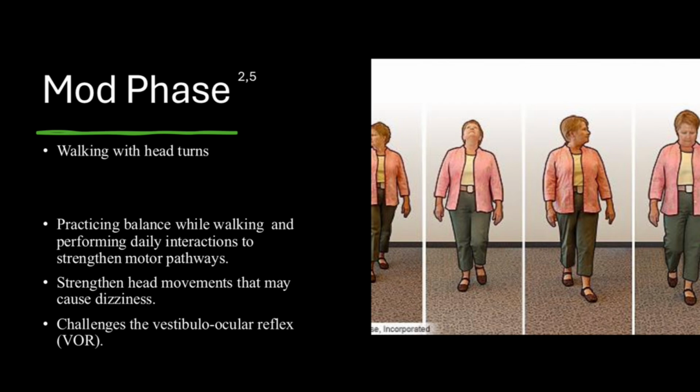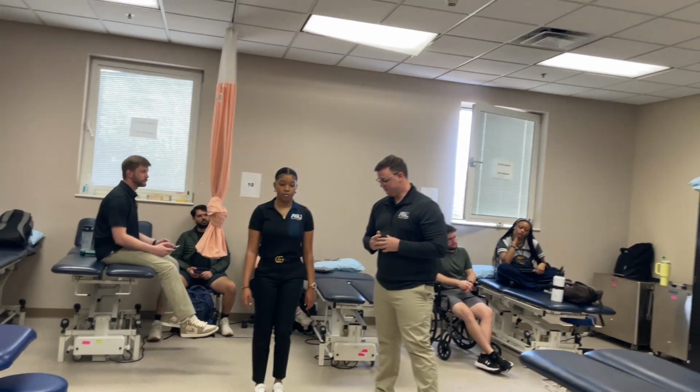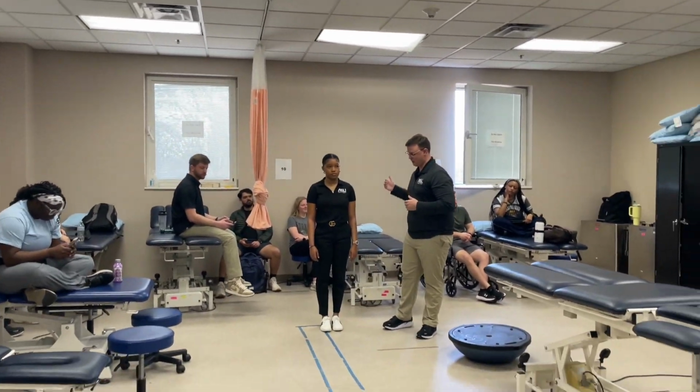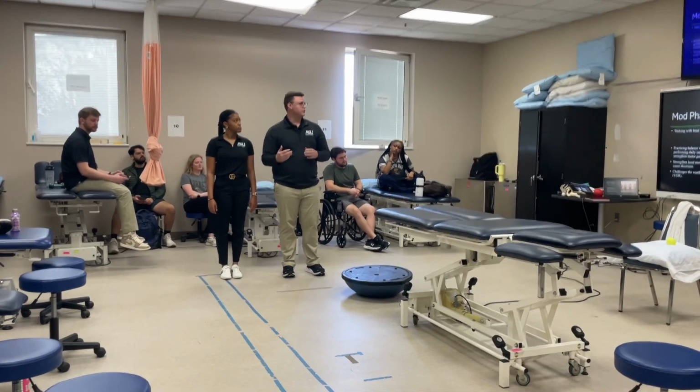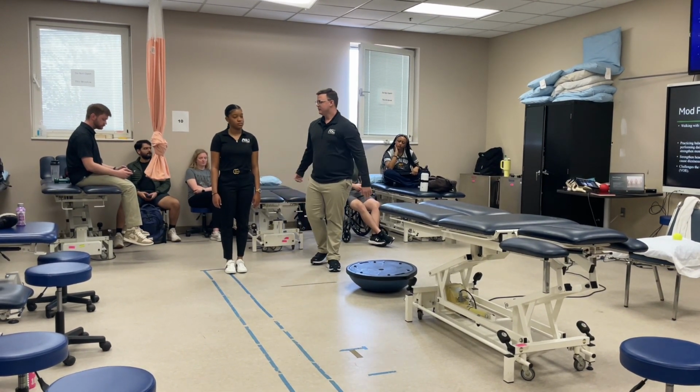So this would strengthen the head movements that may cause the dizziness that the patients have. And it also challenges the vestibulo-ocular reflex. So performing this, I would have my patient on the same line again, and I would instruct her, when you walk, look to the left, go back center, look up, center, and then right, the whole time you walk.